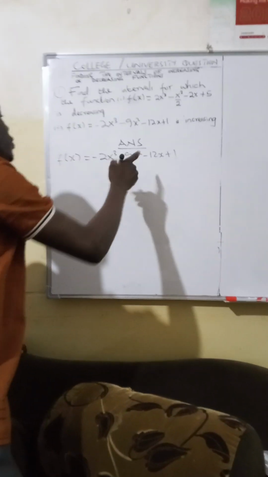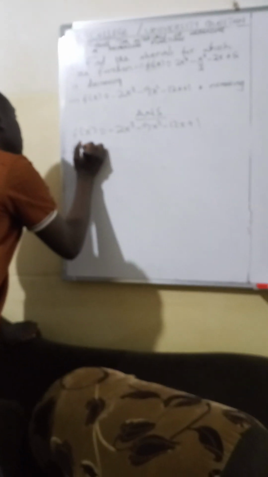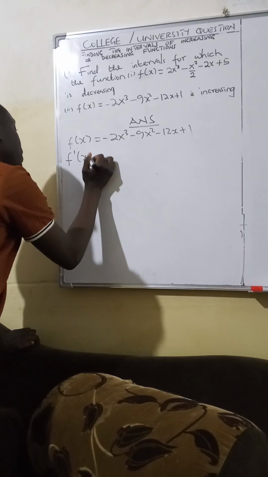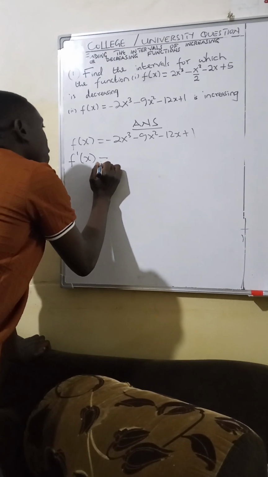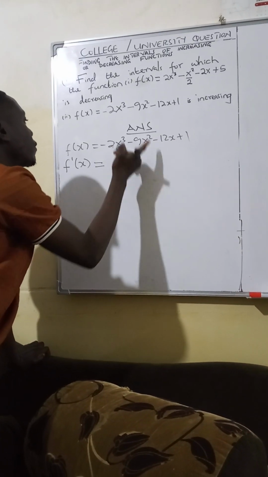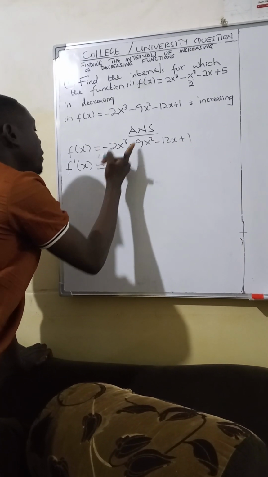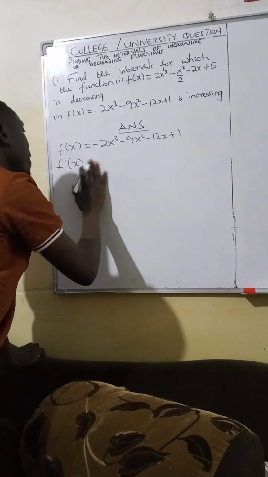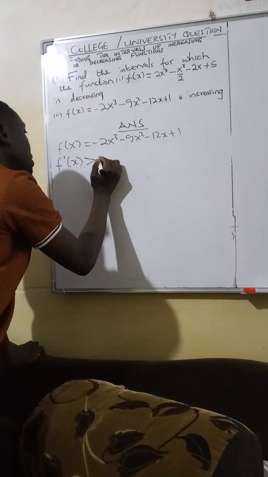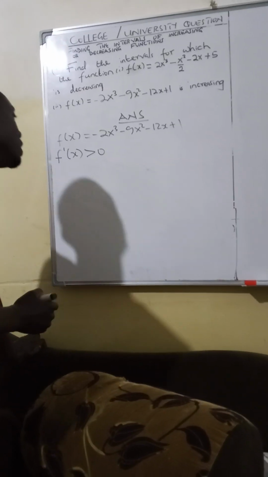So for this function to be increasing, it means that my f prime of x, I'm going to differentiate this function. The first derivative of this function, if the function is increasing, is greater than 0.